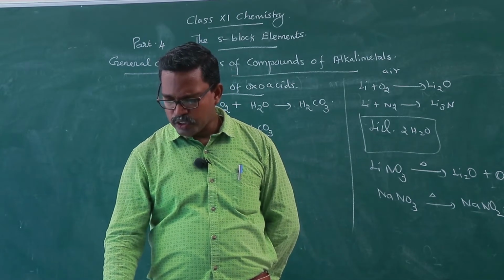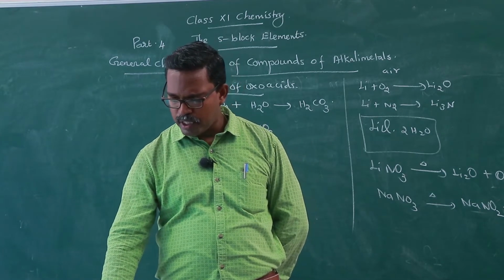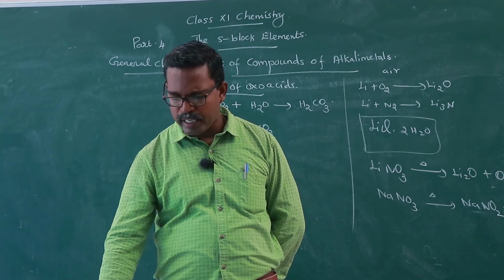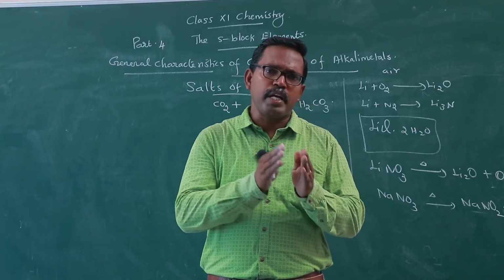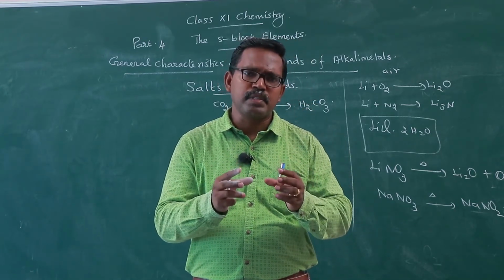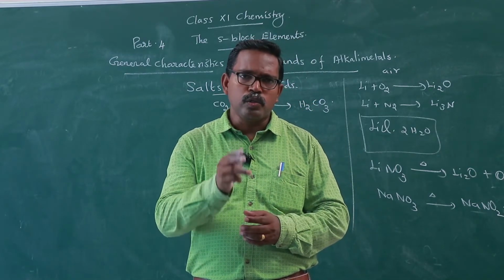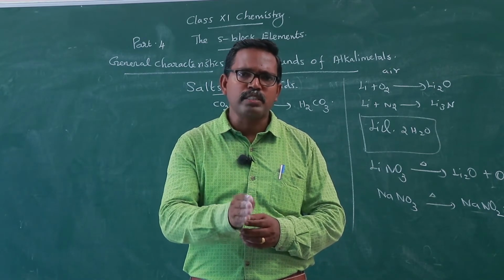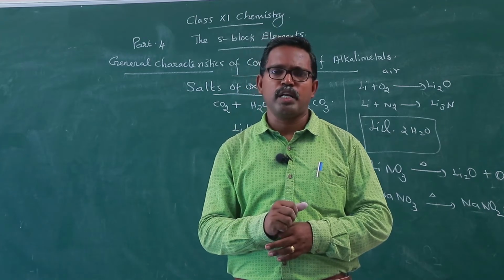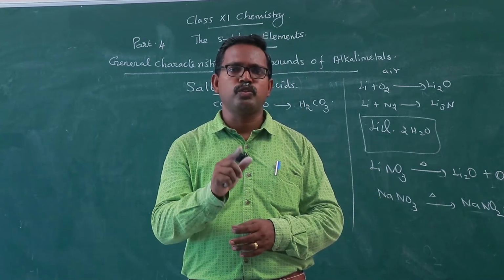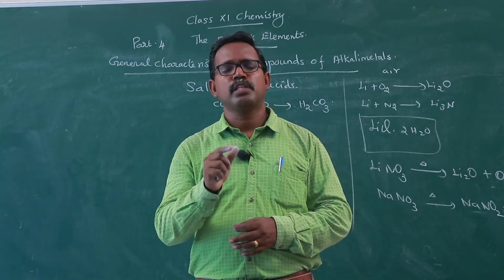The oxides, lithium oxide and magnesium oxide, do not combine with excess oxygen. When lithium and magnesium individually react with atmospheric air, they give lithium oxide and magnesium oxide. You know the formulas: lithium oxide Li2O and magnesium oxide MgO.